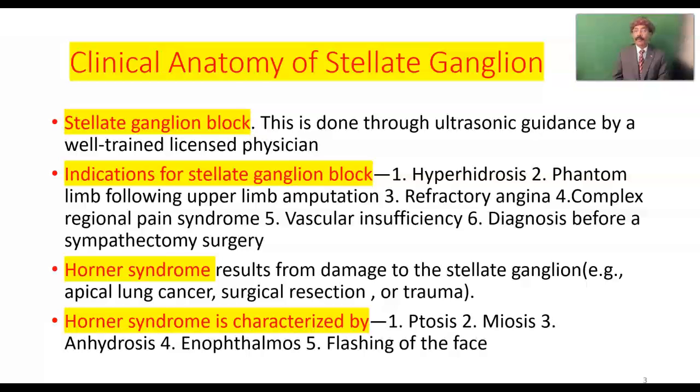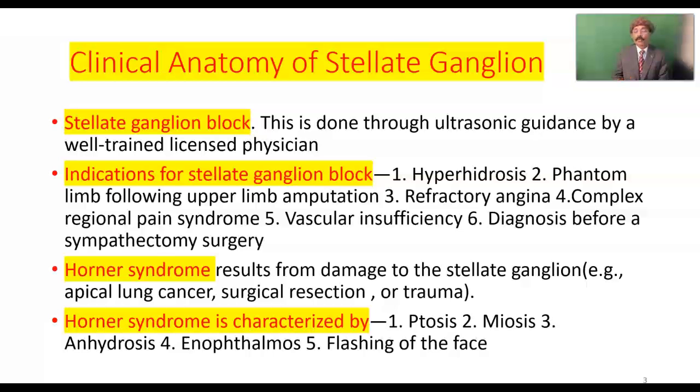Any trauma anywhere along the pathway from the hypothalamus to the sympathetic ganglion may lead to Horner syndrome in our patient.